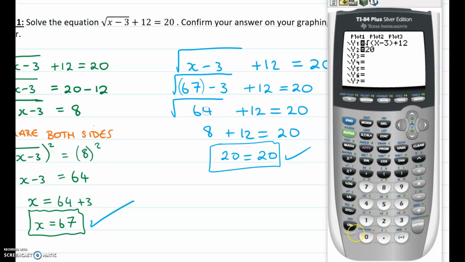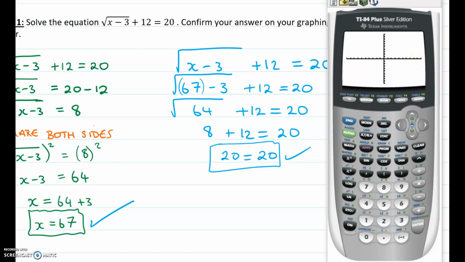Okay. Well, now, with this, we're going to graph these, but one problem is, well, let's see it. Just graph it on a normal Zoom 6 standard window, and nothing very helpful happens. Okay, so we don't actually see anything. We know the answer is going to occur when x equals 67, so our x-axis has to go at least as far as 67, actually has to go beyond it to see the intersection.